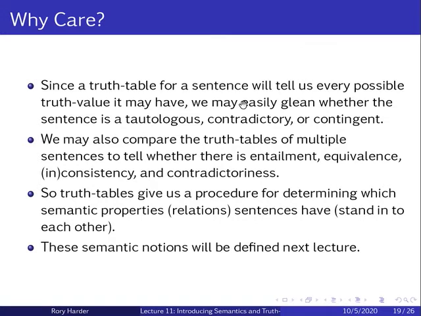Similarly, for a sentence to be contradictory is for the entire sentence to be false on every possible assignment of truth values to the atomic sentences. And for a sentence to be contingent is for it to be true on some assignments and false on others.